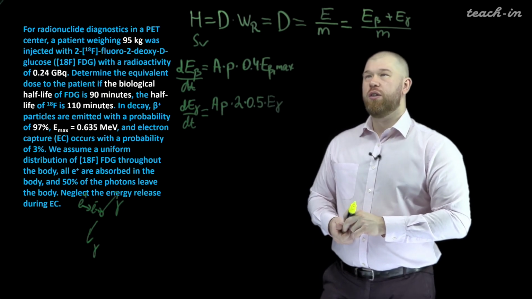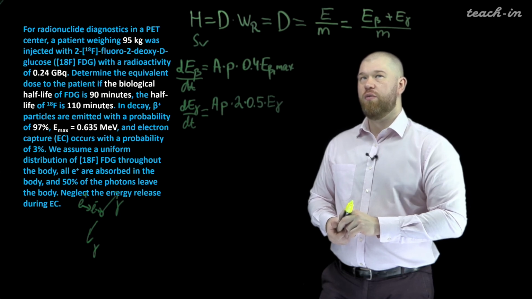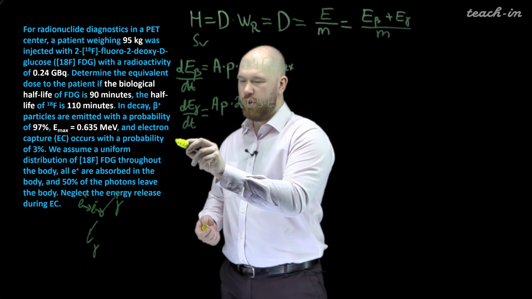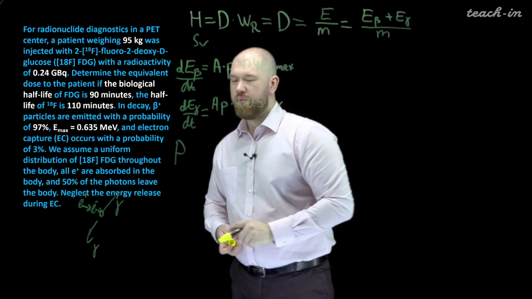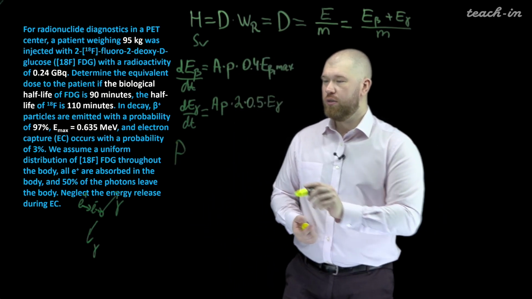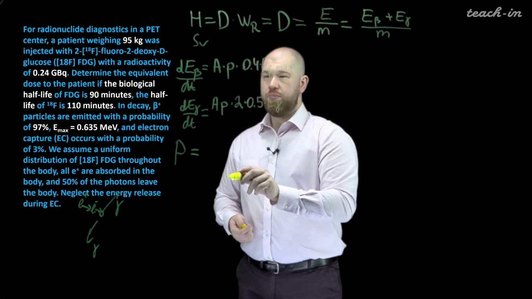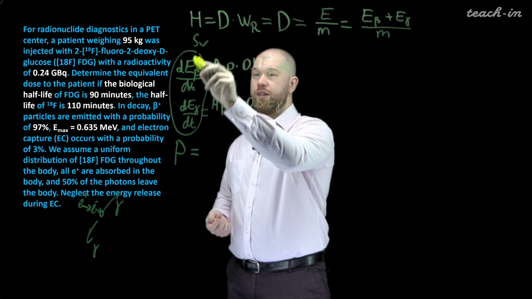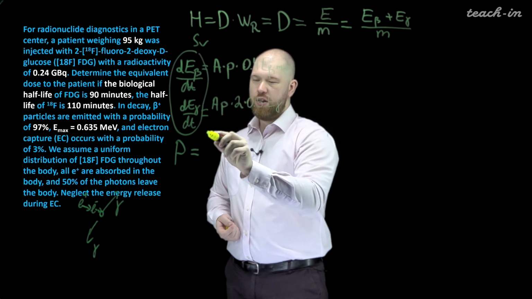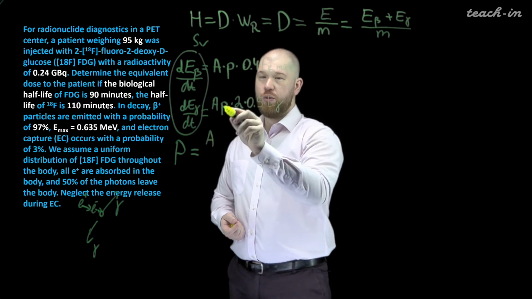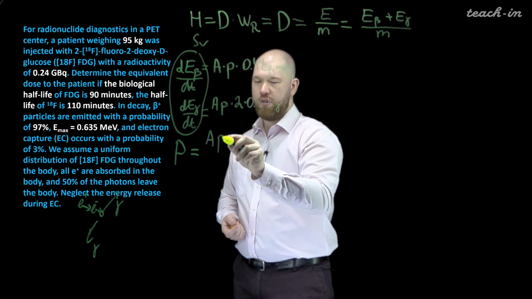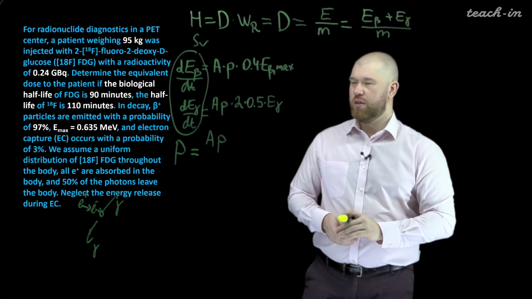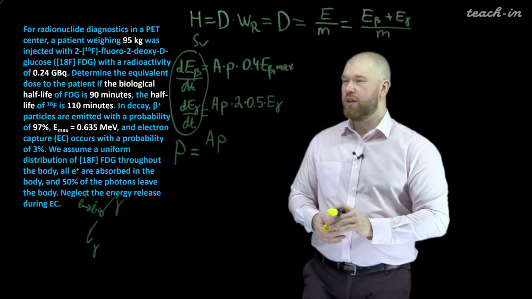So we can now rewrite the equation and use not the dose, but the dose rate. It will be these rates of energies, and you can see that we can take these two multipliers out of the brackets.